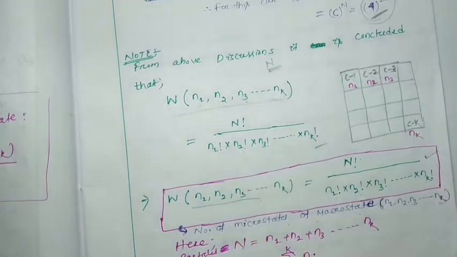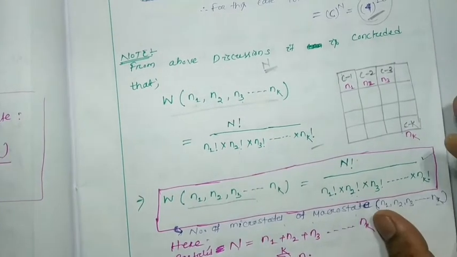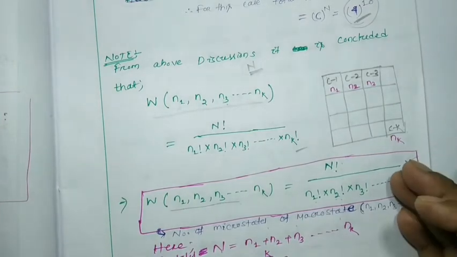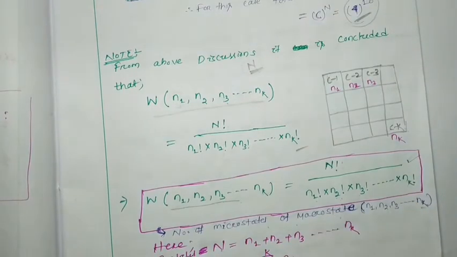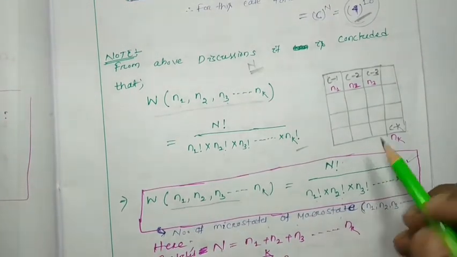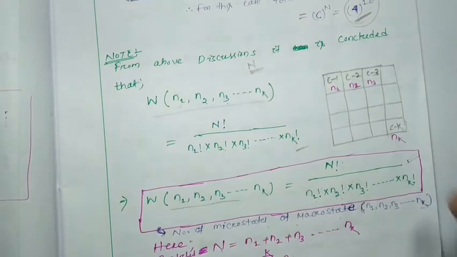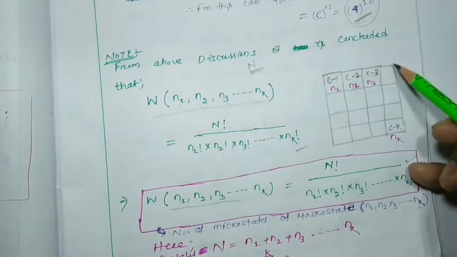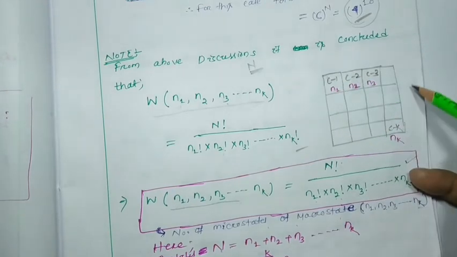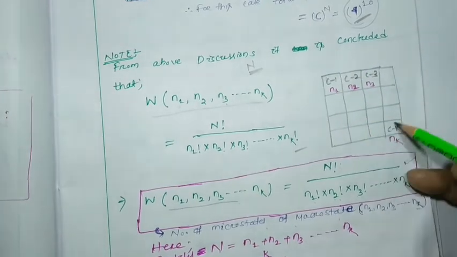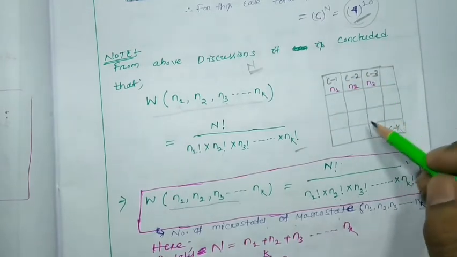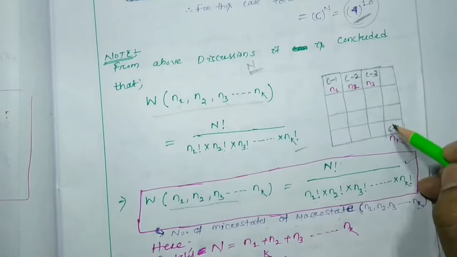How this expression came in detail, we discussed in the previous to previous class. Here n means the total number of particles to be arranged in a box divided by k number of compartments.